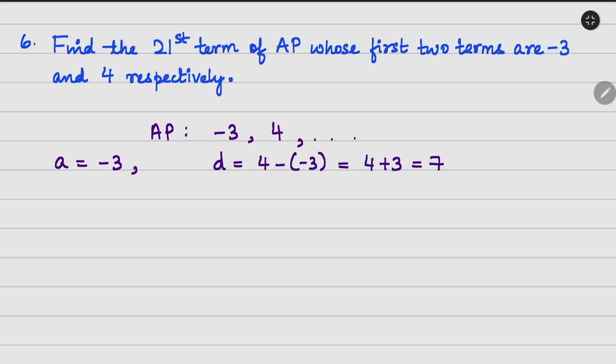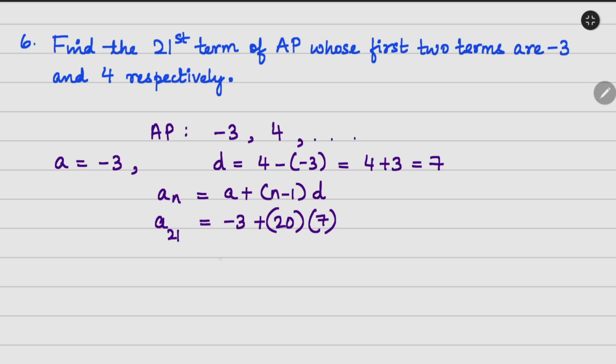So therefore, we know An is equal to A plus n minus 1 into D. What are you asked? 21st term. So n is 21. What is A? Minus 3 plus n minus 1. 21 minus 1 is 20 multiplied by D. D is 7. So this is nothing but minus 3 plus 20 into 7 is 140.